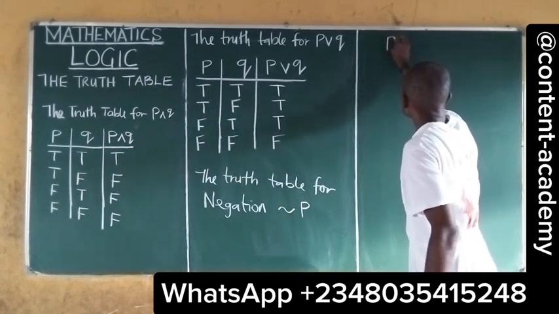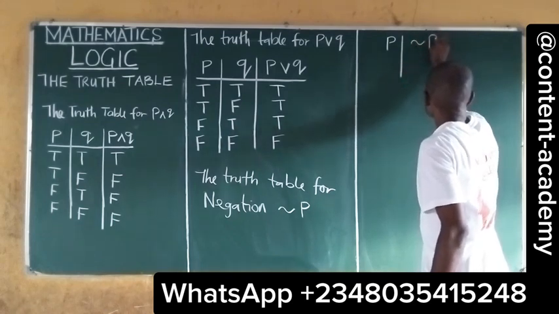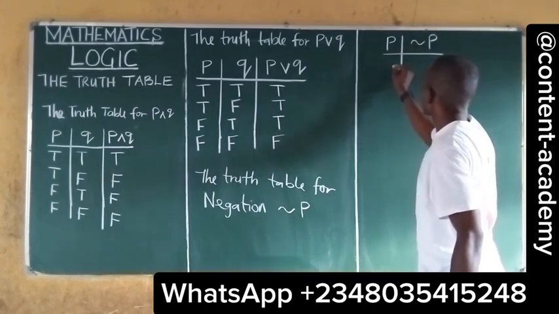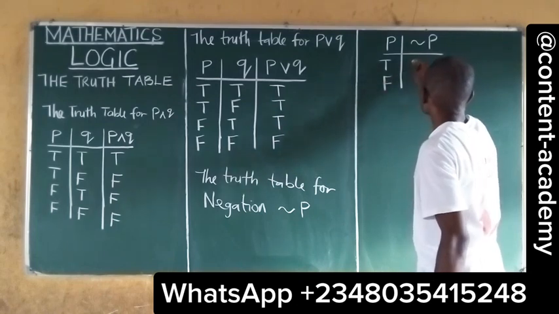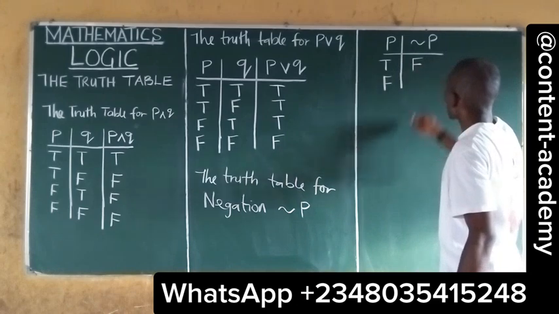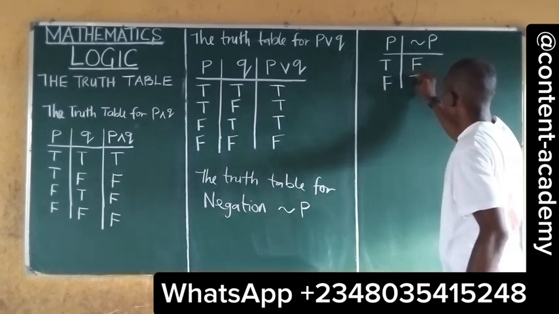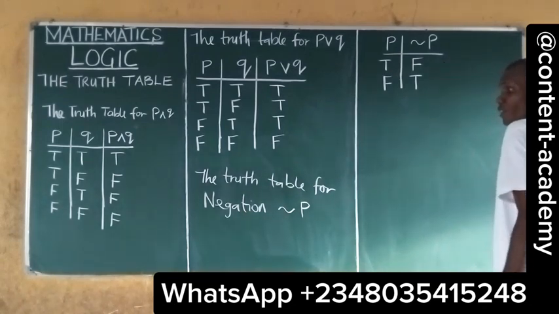If we say P and negation of P, we either have truth and false. So the negation of truth is false, and the negation of false is truth. This is how to compute the truth table for negation.